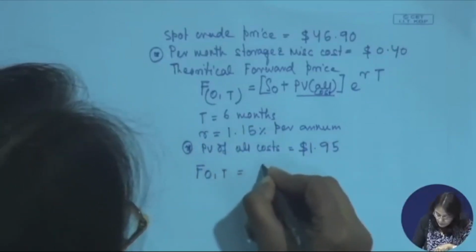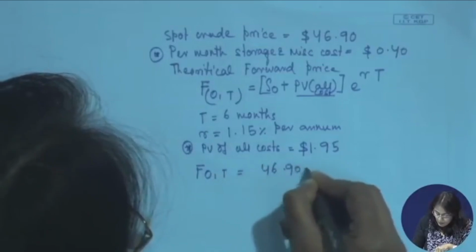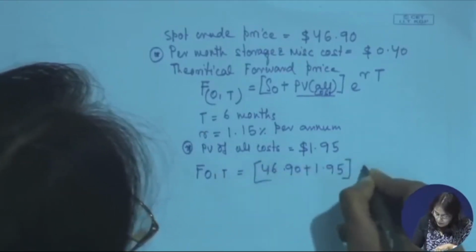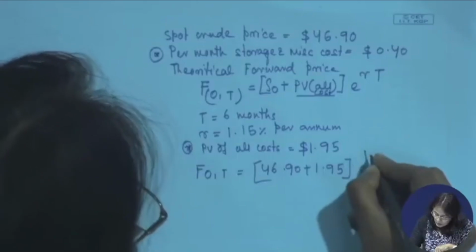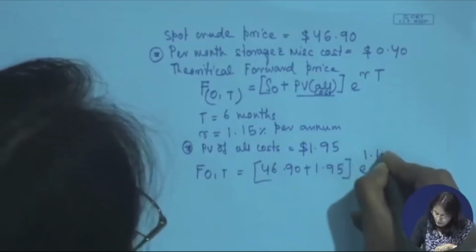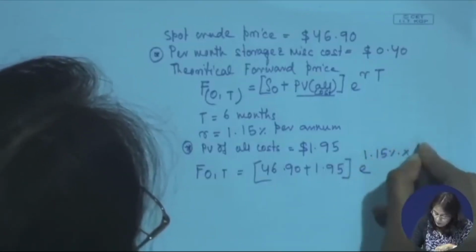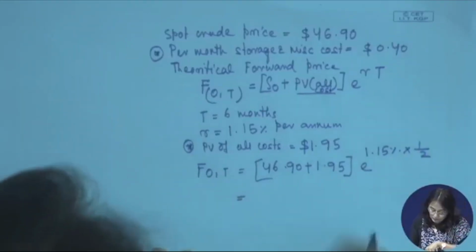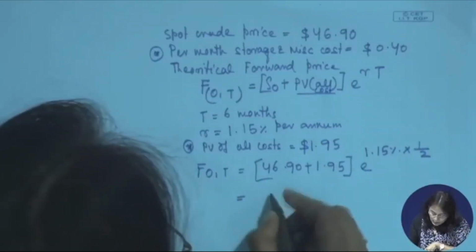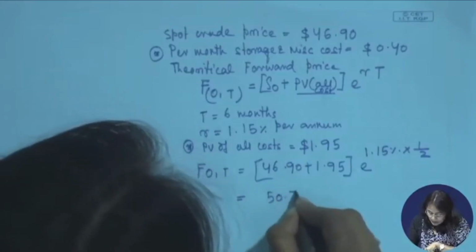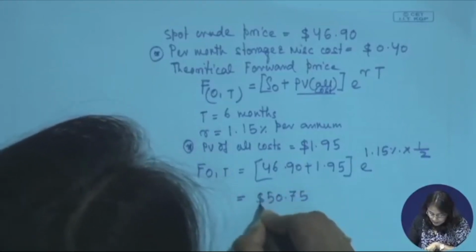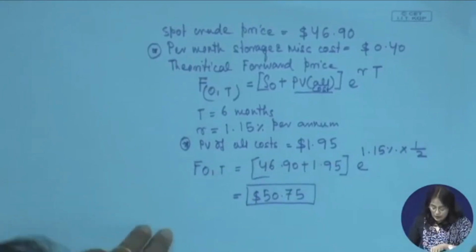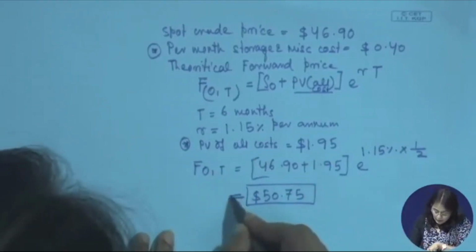F0T should be 46.90 plus 1.95 into e to the power 1.15% into 1 by 2. Let's say that comes to $50.75. I have not done the calculation, so let's assume this is equal to this.